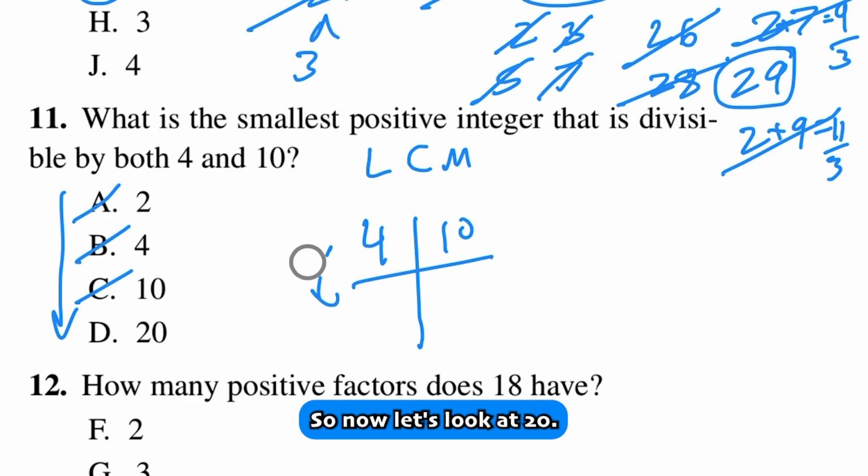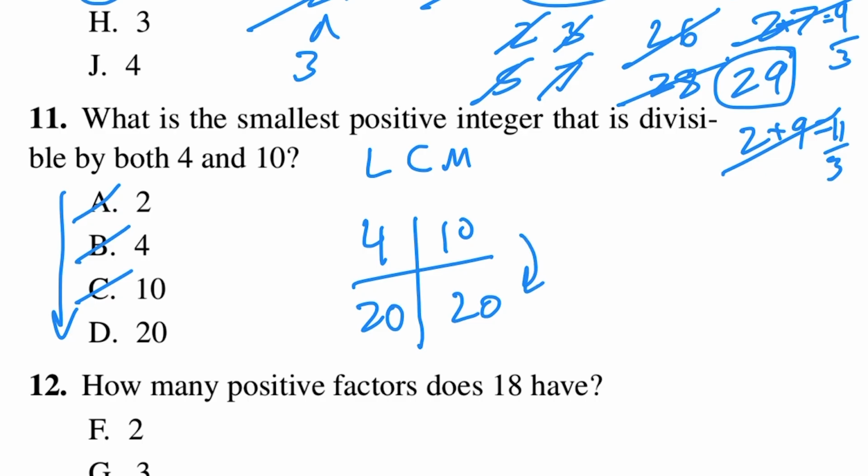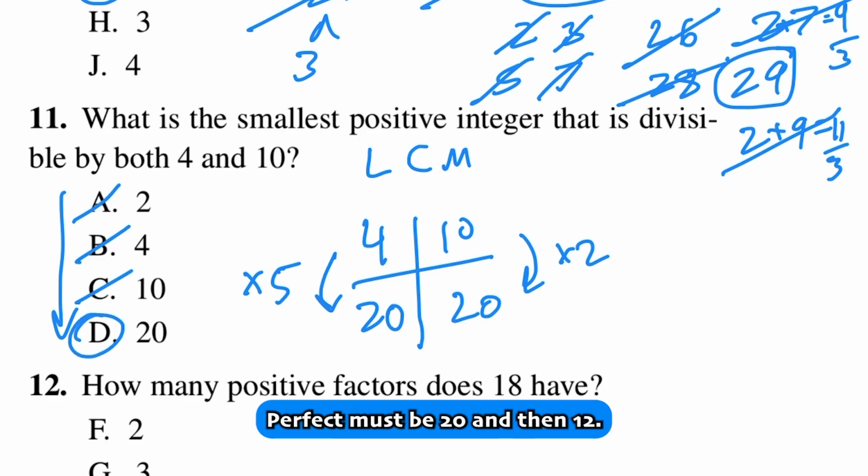So now let's look at 20. 2 times 2 times 5. Perfect. Must be 20.